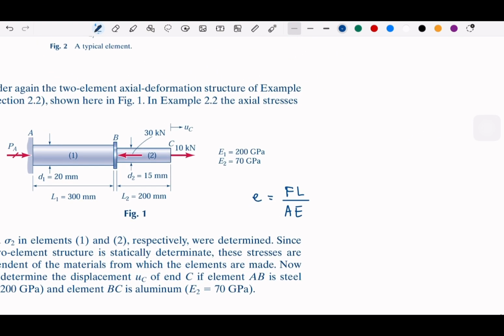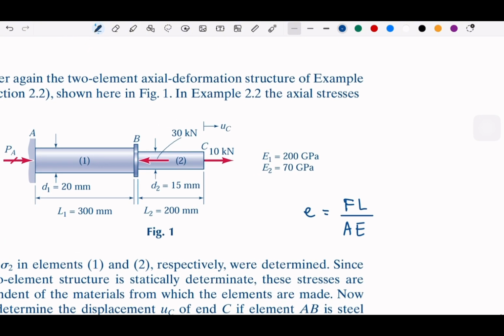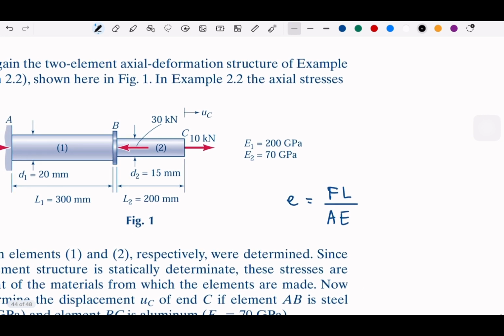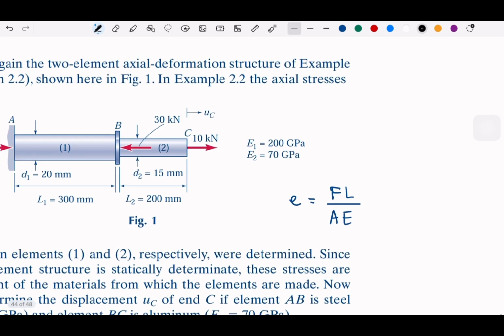So we start with that, and then from the equilibrium, we could write here that we cut down rod 1.